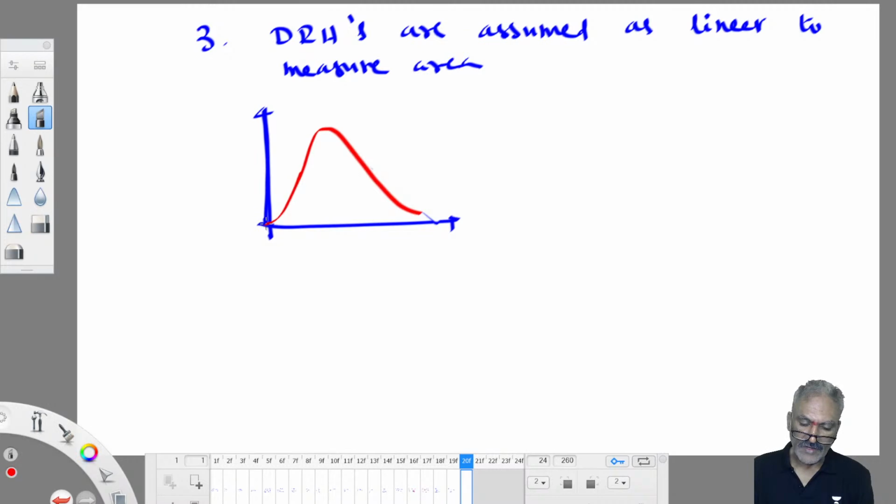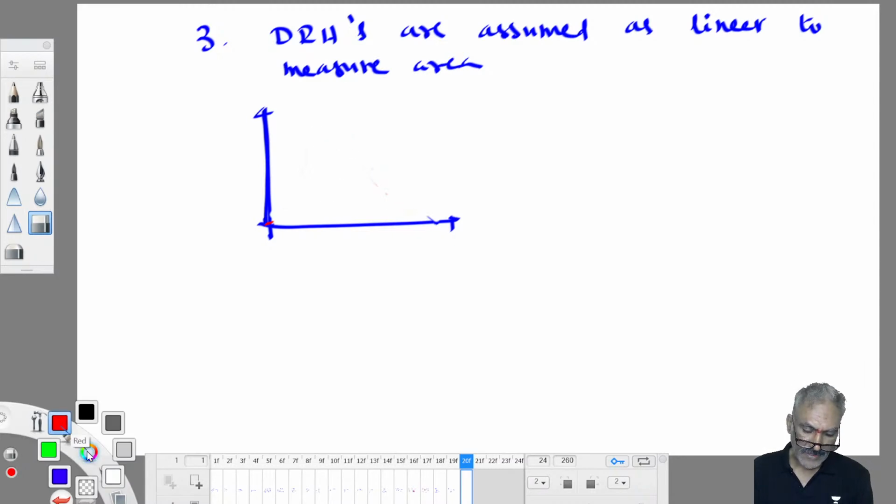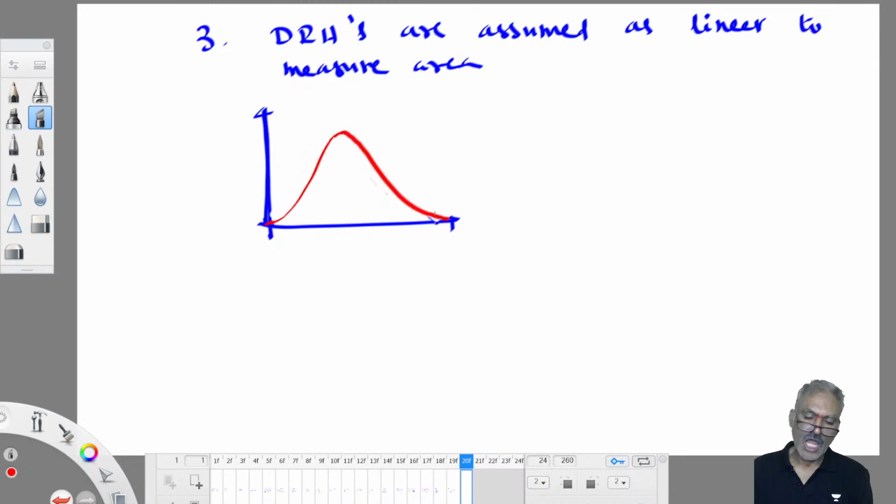Suppose you have got a hydrograph like this. You have got a skew type hydrograph. Skew type hydrograph and squatty type hydrograph, two types are there. If a sharp peak is there, then it is idealized as a triangle, something like this.